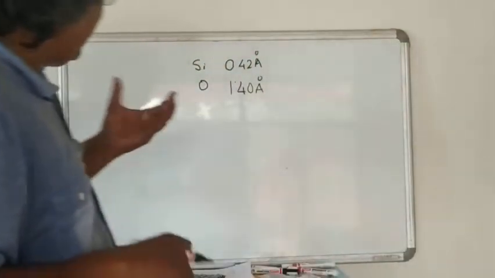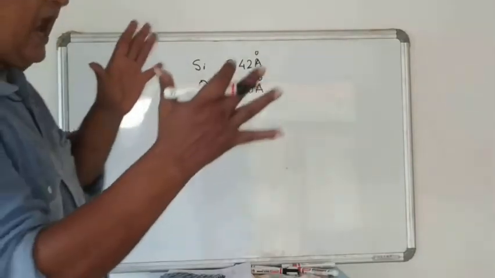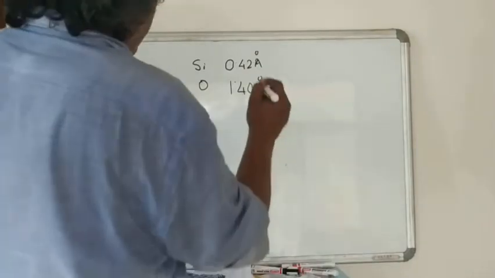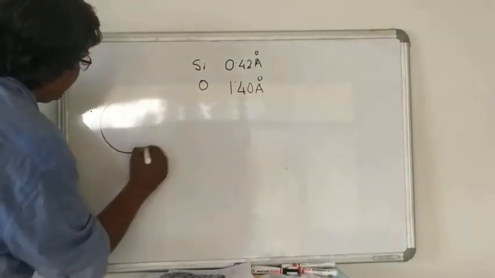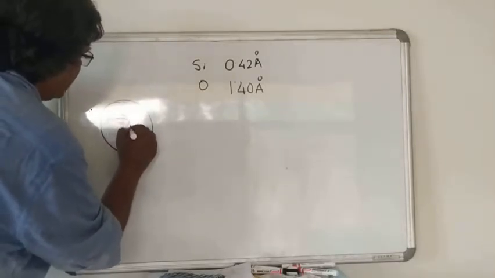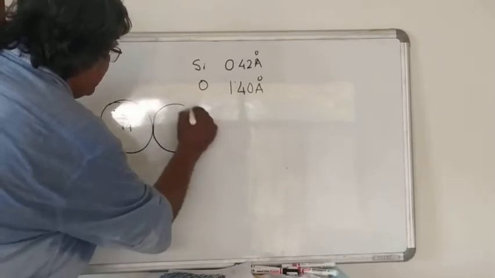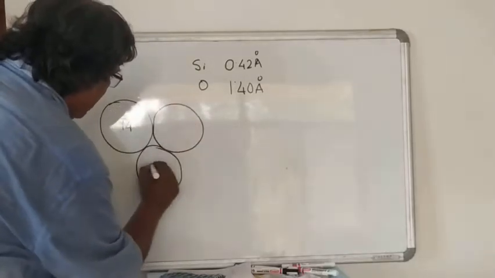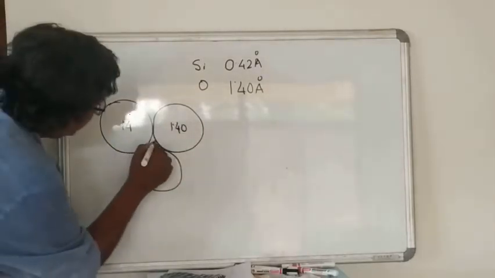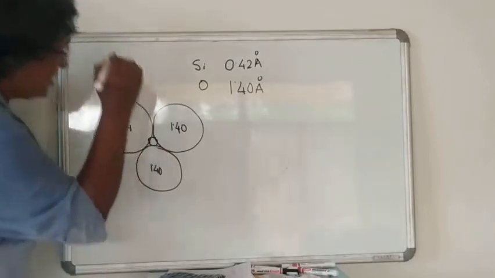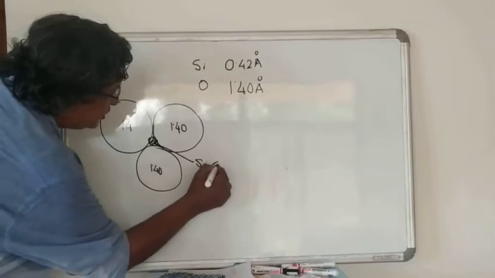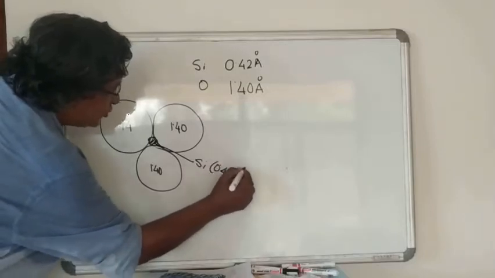So, if you had a silicon and an oxygen, and they were ionically bonded, conceive of oxygen 1.40, oxygen 1.40, let's say we arrange oxygen atoms like this, with silicon between. Here you see a small space where you can accommodate a smaller ion, which is silicon, 0.42 angstroms.